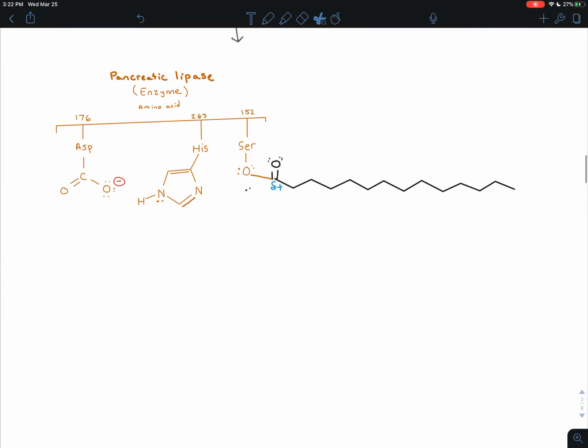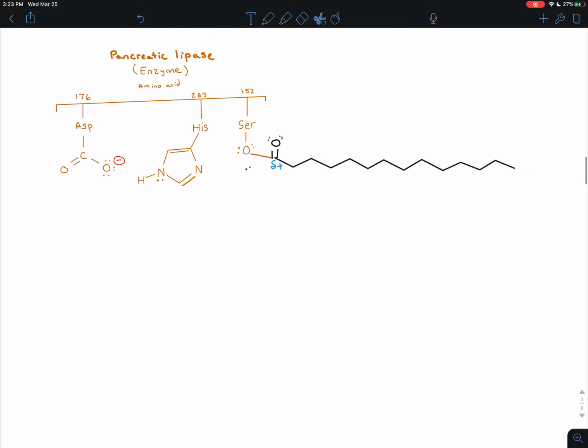Okay. Well, we're not quite done yet, because this needs to become a free fatty acid, so we need to detach it from this pancreatic lipase enzyme, and we're going to do that through the same exact type of reaction that we just did.